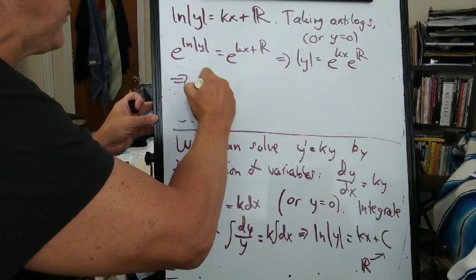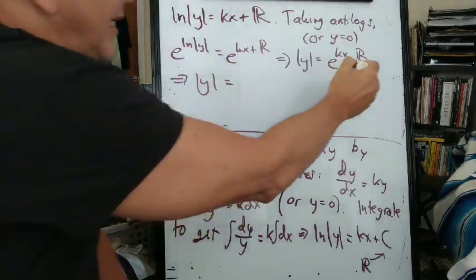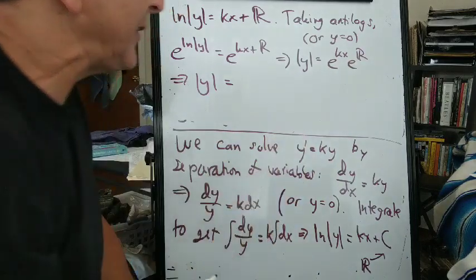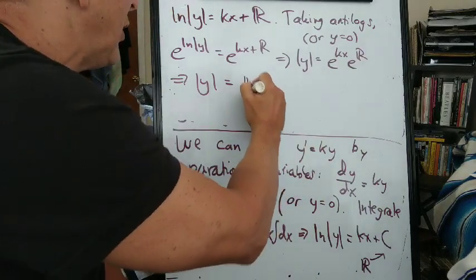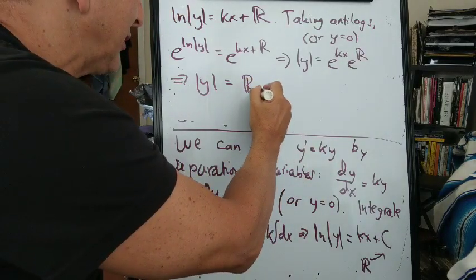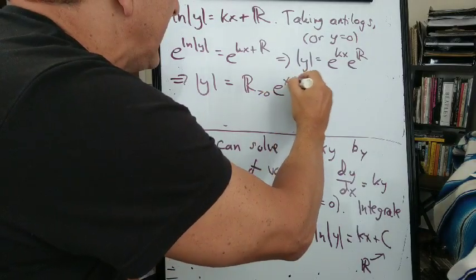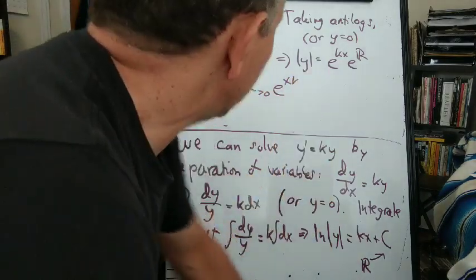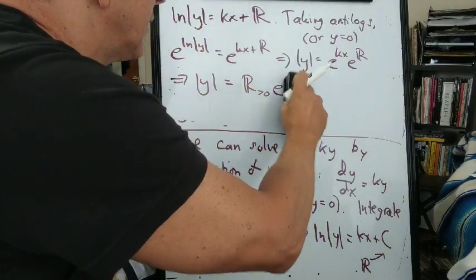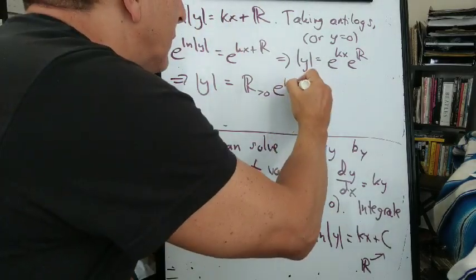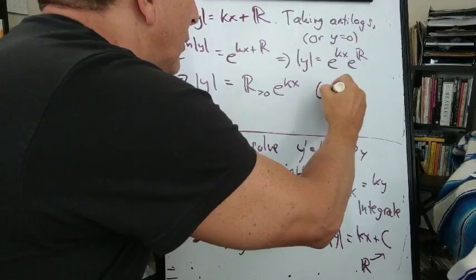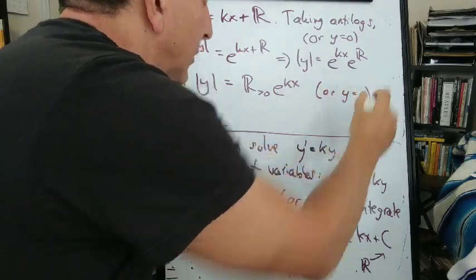So that means that absolute value of y equals, I can replace this e to the all real numbers by all positive real numbers. Let me write that as r sub greater than 0, e to the kx. Or y equals 0.